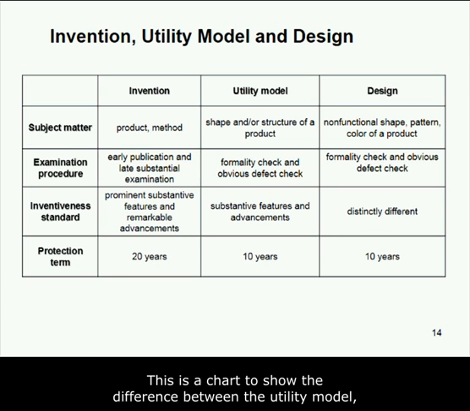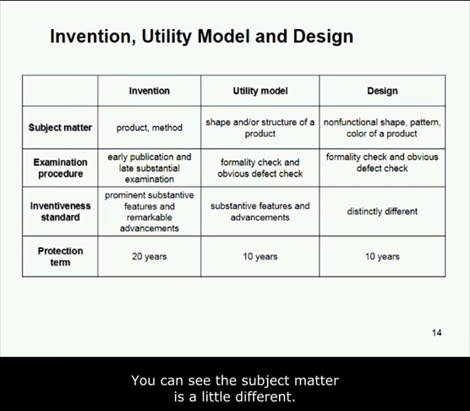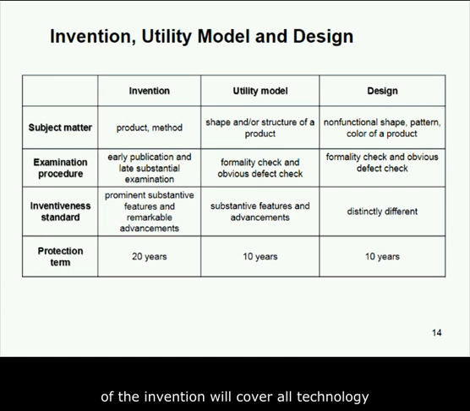This is a chart to show the difference between utility model, invention and the design patent. You can see the subject matter is a little different, because an invention can be a product or a method. Product and method of invention will cover all technology.